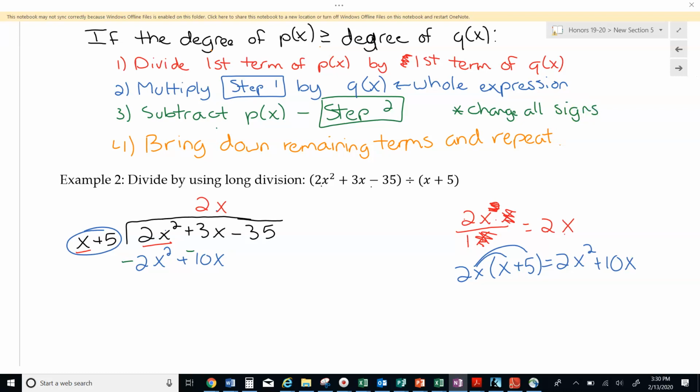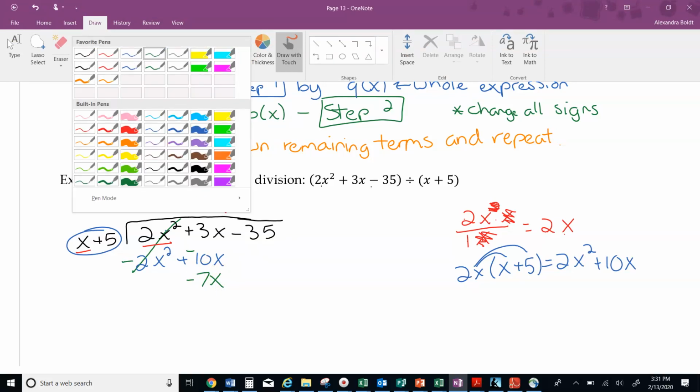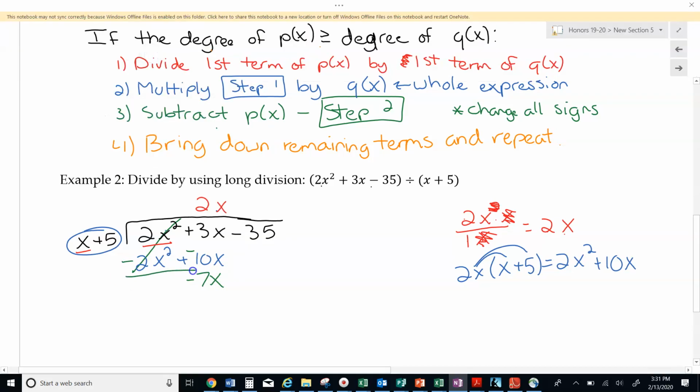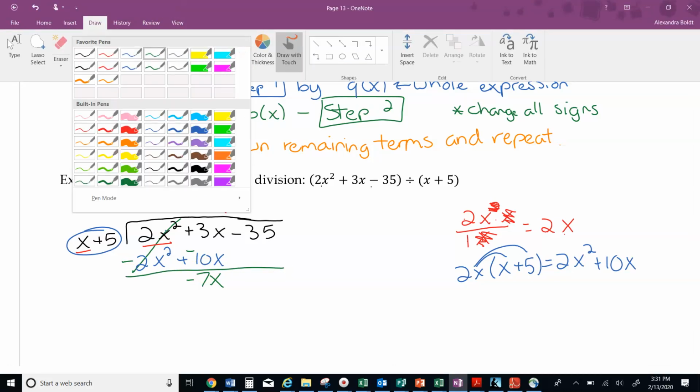Okay. What does that do? Well, 2x squared minus 2x squared goes away. That's what we want. 3x minus 10x is negative 7x. And then I'm going to bring down the minus 35.